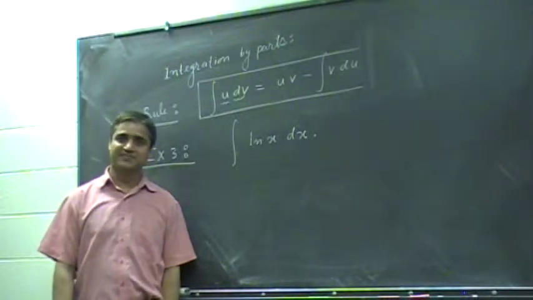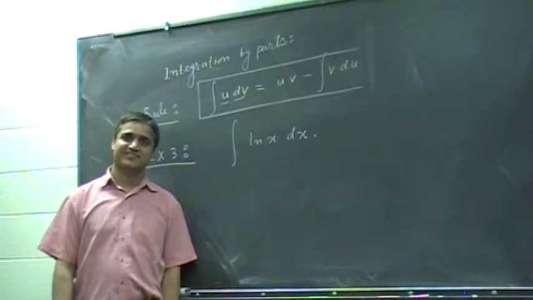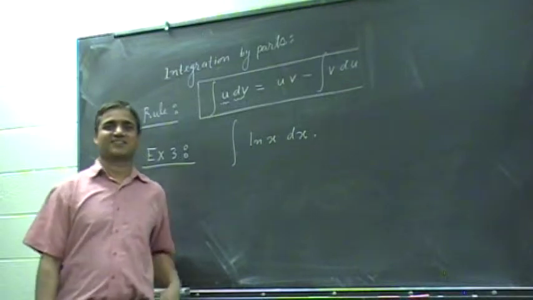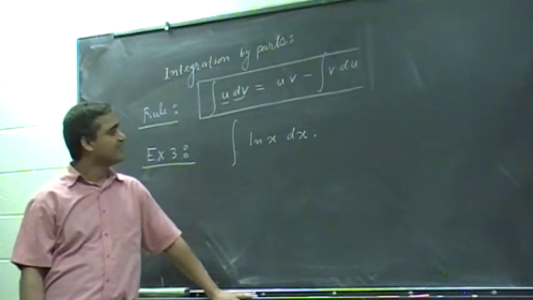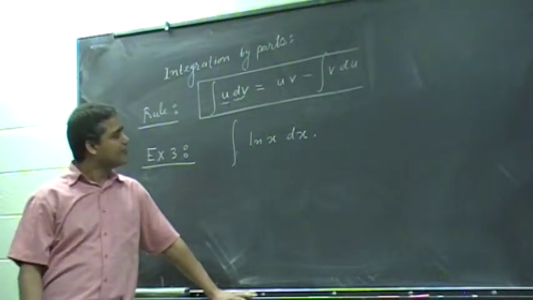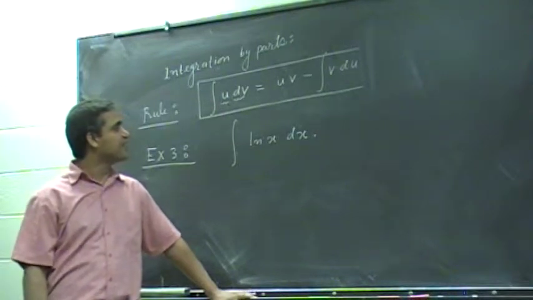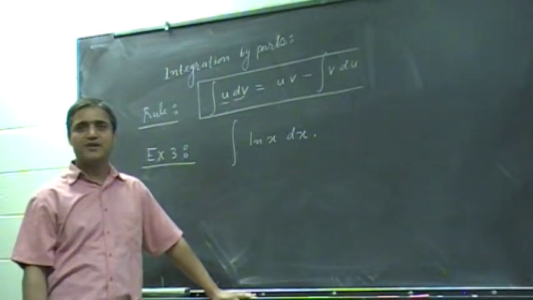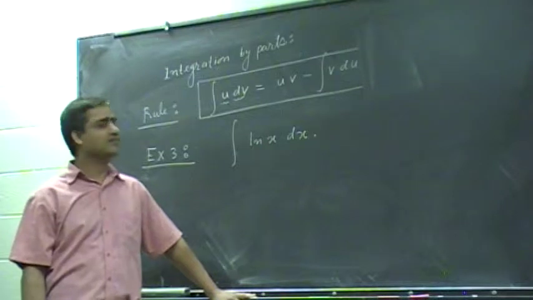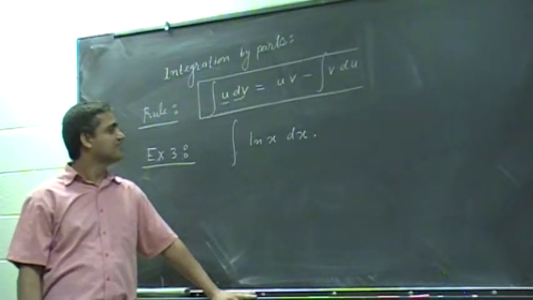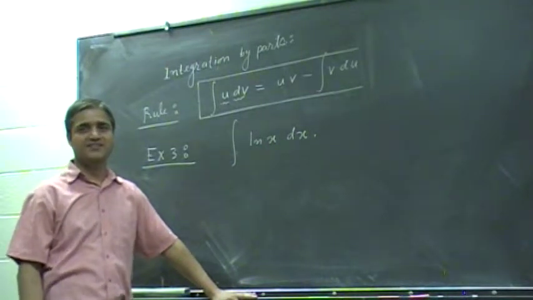Substitution doesn't help. We need to use integration by parts, right? Yes. Okay, then even for integration by parts, you need to identify which part is u and which part is dv, right? What is your u and what is dv?